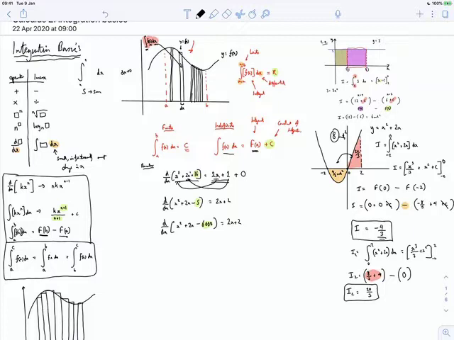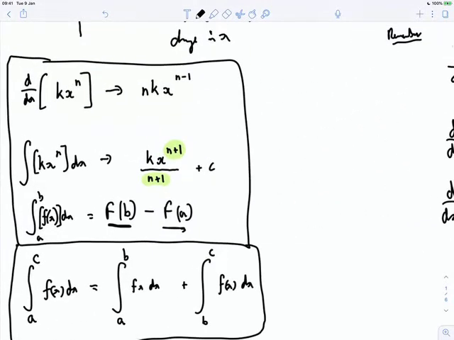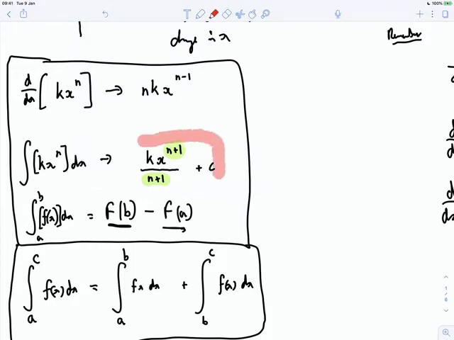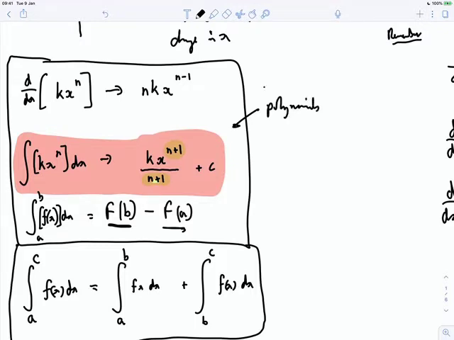Now, there are various properties you can use with this, and one thing I want to make completely clear: this rule here is the power rule of integration. This only works with polynomials, okay?